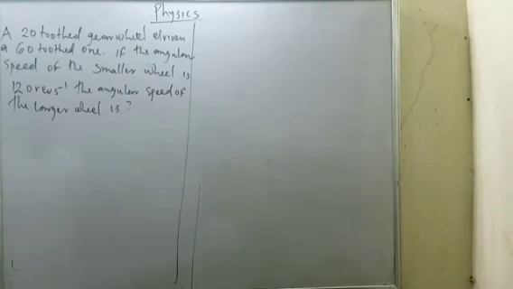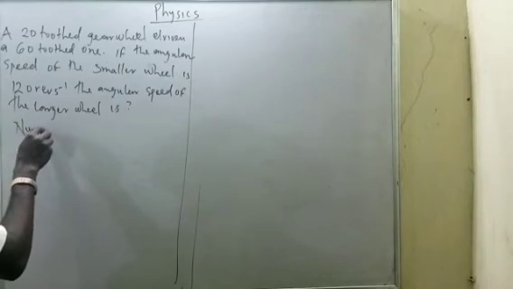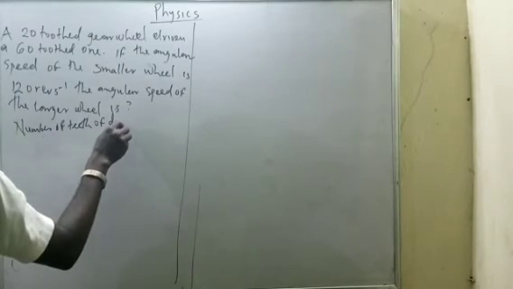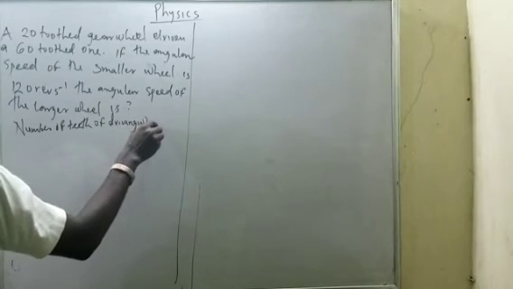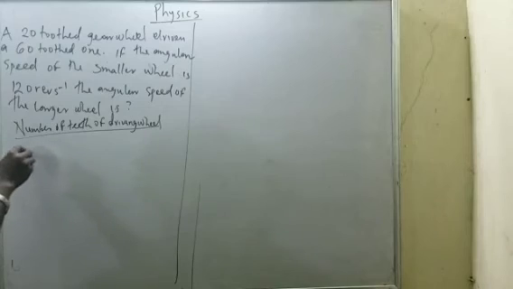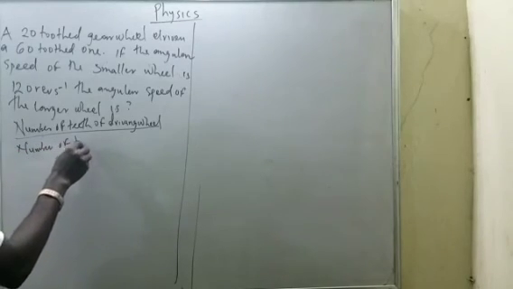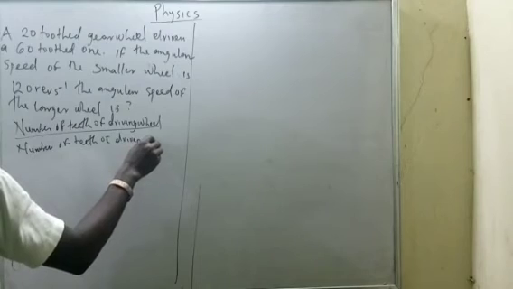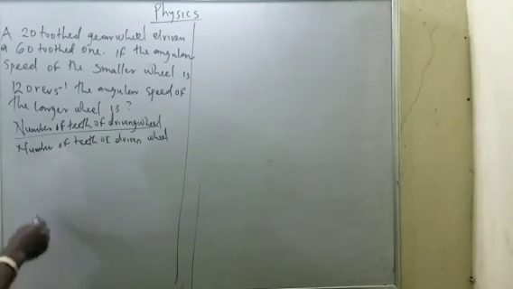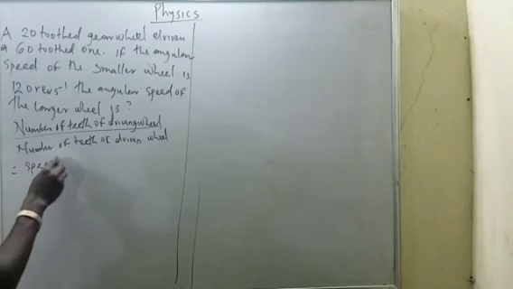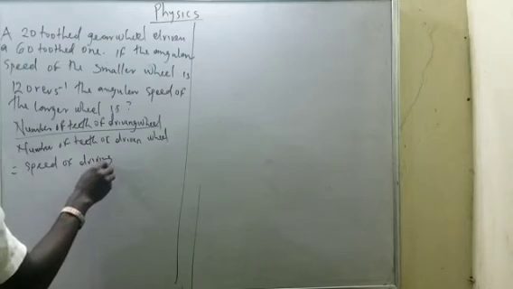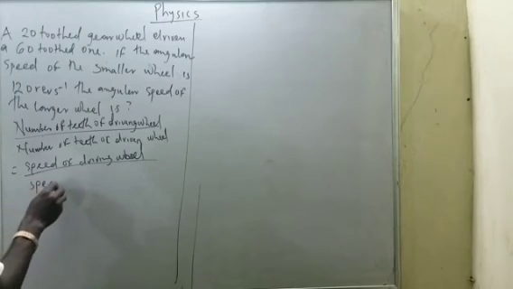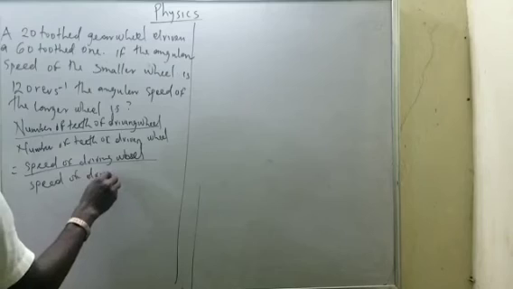What we just need to do here is that number of teeth of driving wheel divided by number of teeth of driven wheel can also equal speed of driven wheel divided by speed of driving wheel.